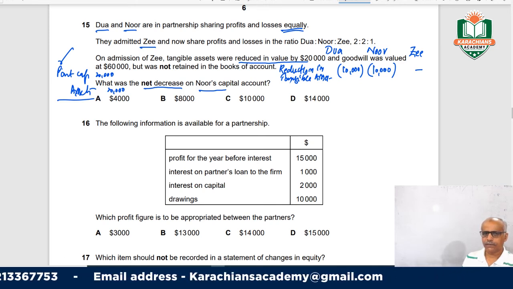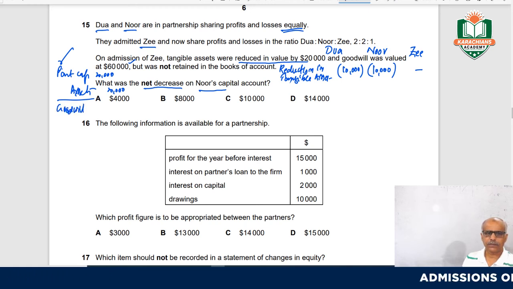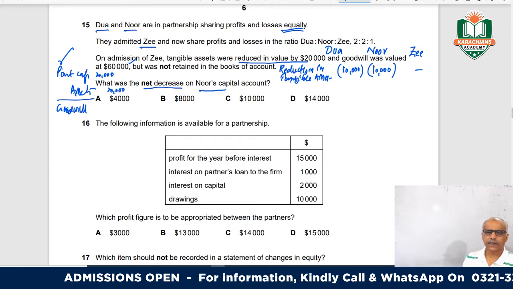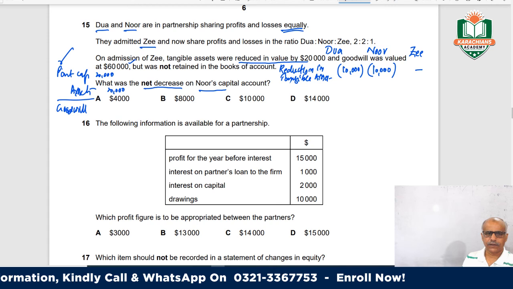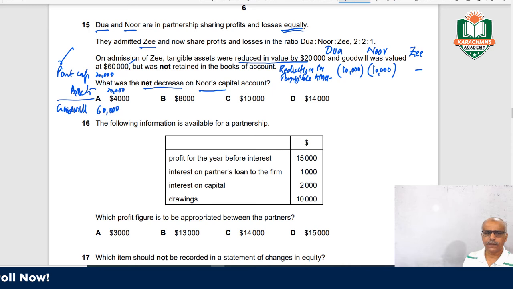The goodwill was 60,000. So what entry will be made? You are not supposed to make the entry, this is for your concept building only. So 60,000 goodwill will be debited and partners' capital will be credited 60,000.